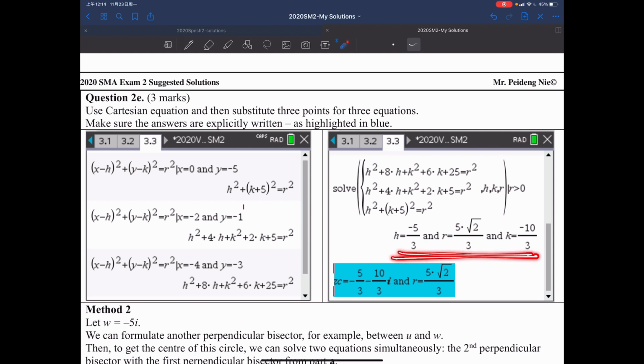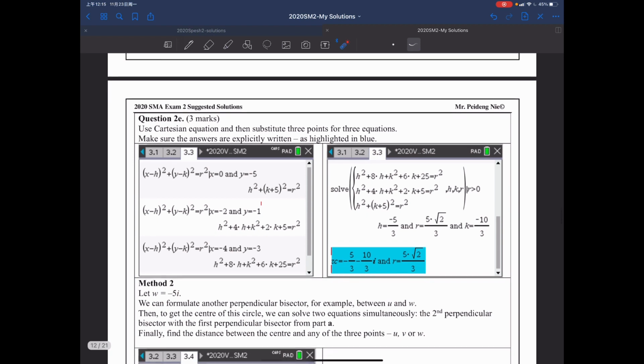Therefore, this is your final solution. And h, k, this is your center. And z of c is minus 5 on 3, minus 10 on 3i, okay? And here is your radius. You need to answer the question specifically to its needs, okay?